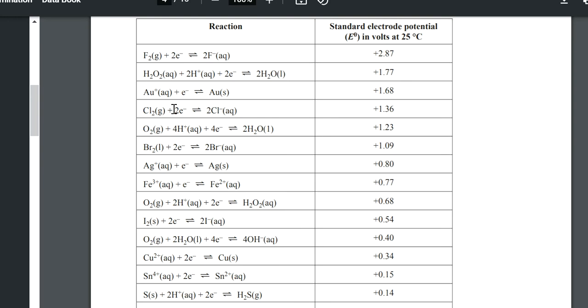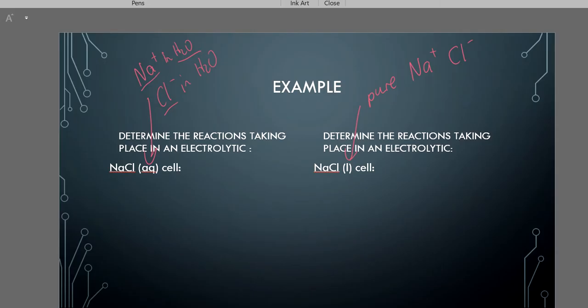So this concept is what we will look at in one of the experiments we'll do a little bit later on, and you'll be able to see how we get visibly more than one reaction actually occurring in electrolysis, particularly when we have half reactions like this that are really similar in strength. All right, so our chlorine and our water here are really similar reductant strengths in this electrolytic cell.